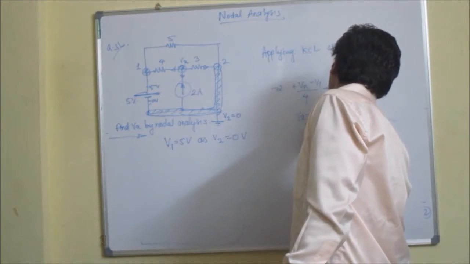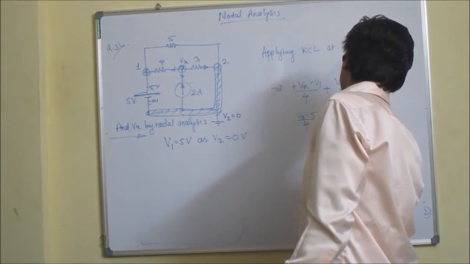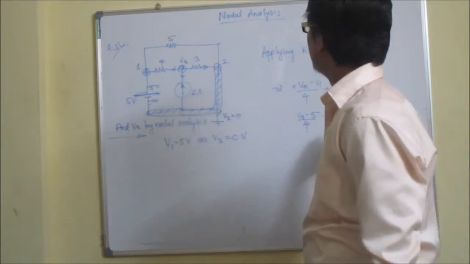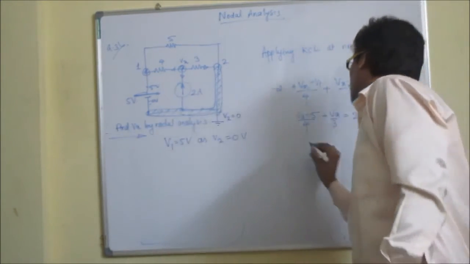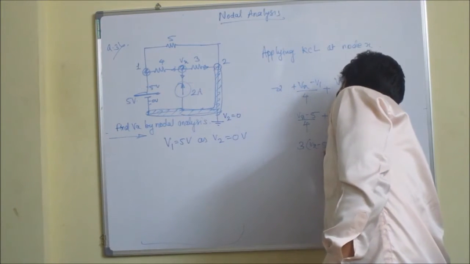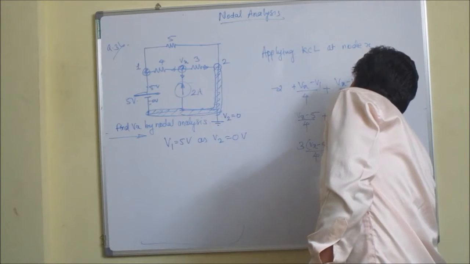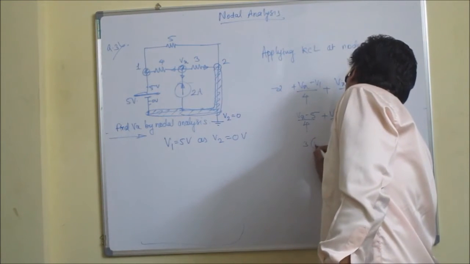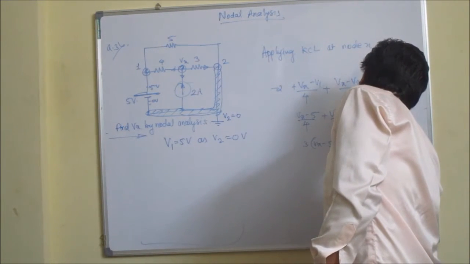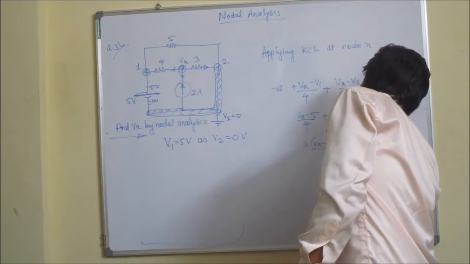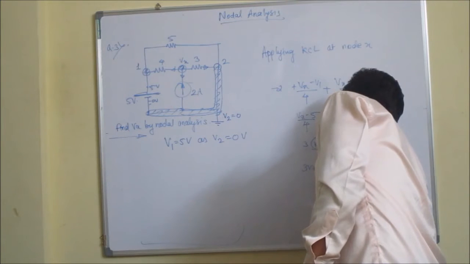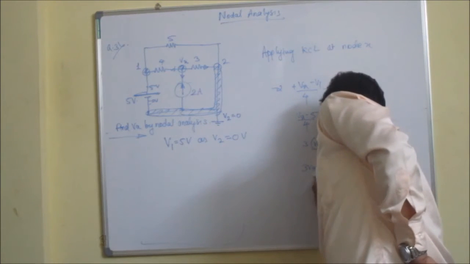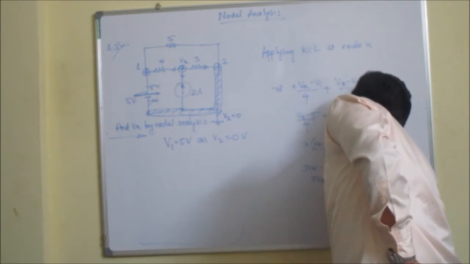Vx minus 5, Vx minus 0, and cross multiplying it: 3 into Vx minus 5 plus 4 into Vx, divided by 12, is equal to 2. 3Vx minus 15 plus 4Vx, 7Vx is equal to 24 minus 15.